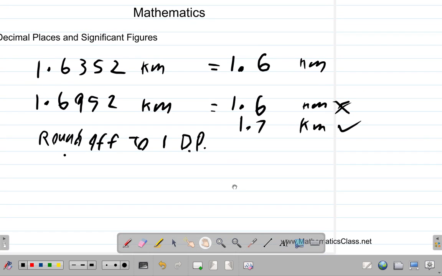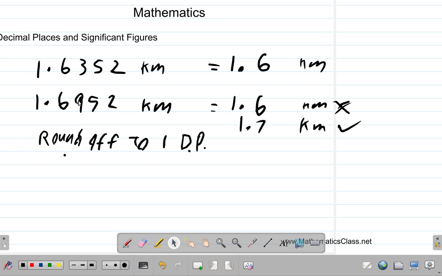The reason why this works is that you have a certain rule for rounding off. When you stop at the 6, you look at the number to the right of the 6.